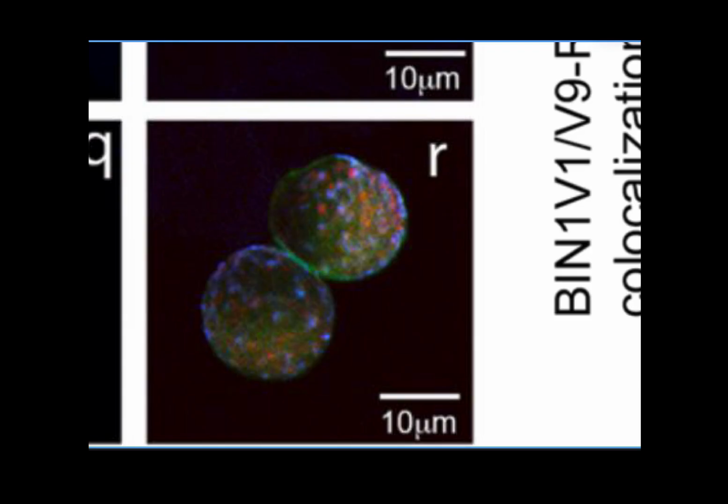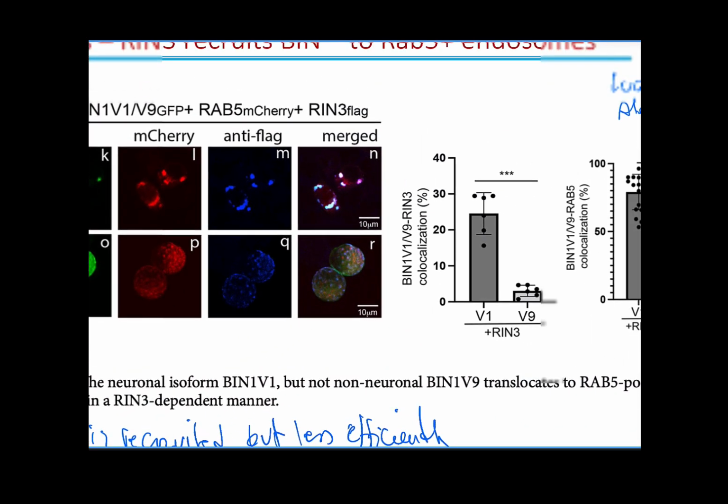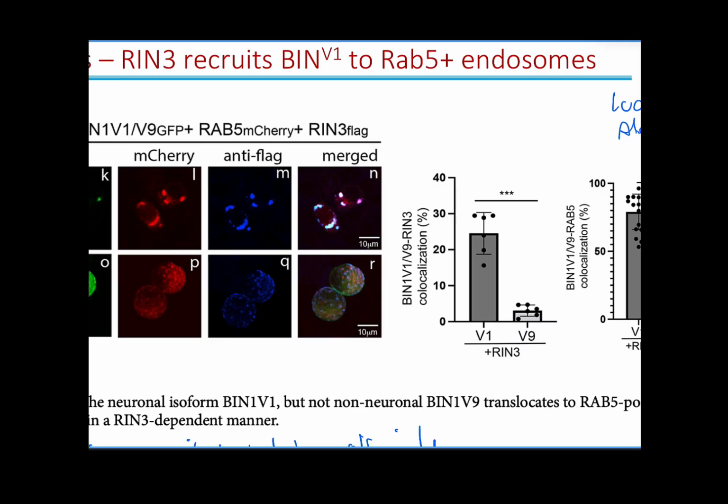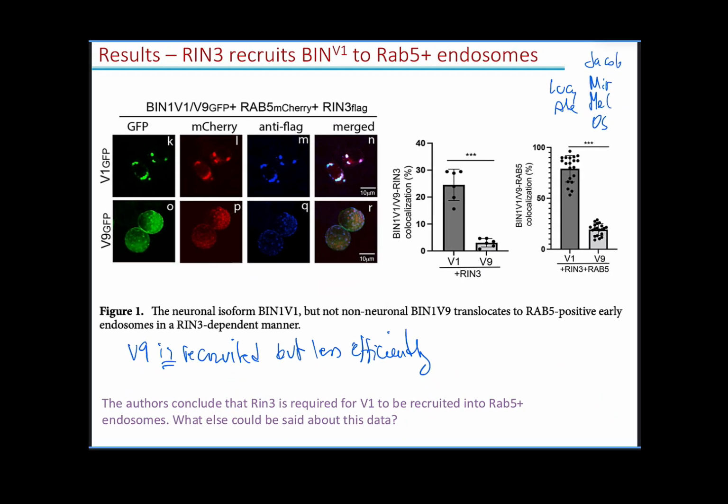The reason I bring this up is because I think there is room with their data to make the case for a model in which it's not so much that Rab5 and Rin3 were together and then they bring along V1, but instead that when V1 and Rin3 interact with one another, now they go and meet with Rab5. So you have all three, they'll end up together. You don't have Rin3, they won't end up together.